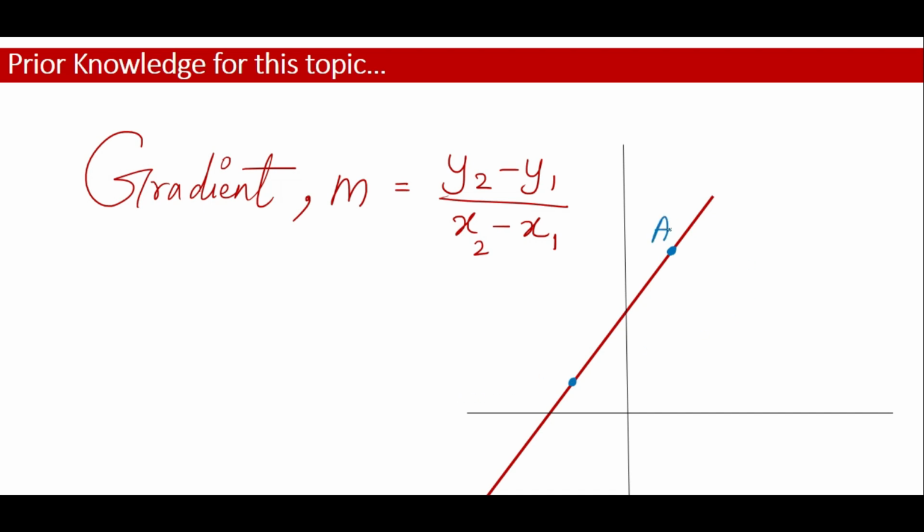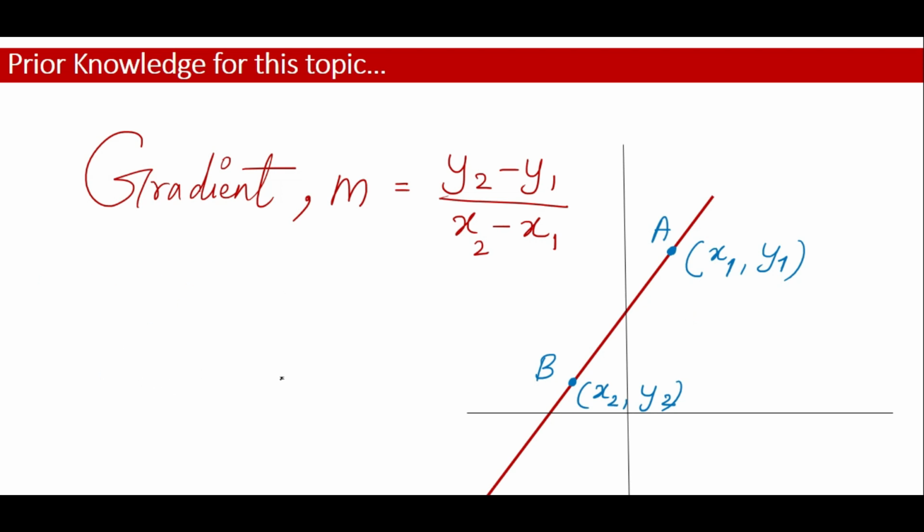Let me mark these points as A and B. The coordinate of A will be x1, y1. The coordinate of B will be x2, y2. You just have to apply the formula to find the gradient, and as we solve the questions, we will be applying it, and I'll be showing you how to work on it.